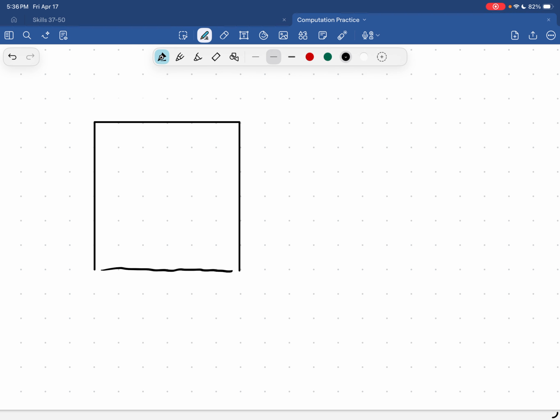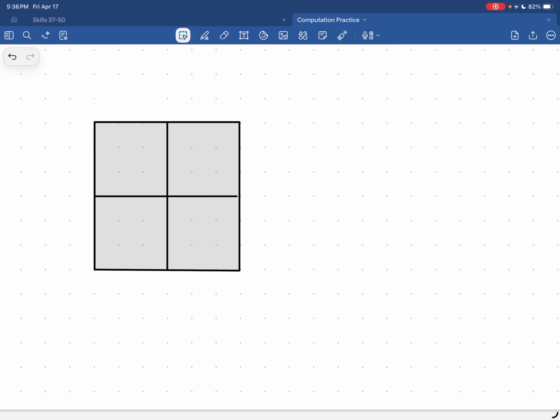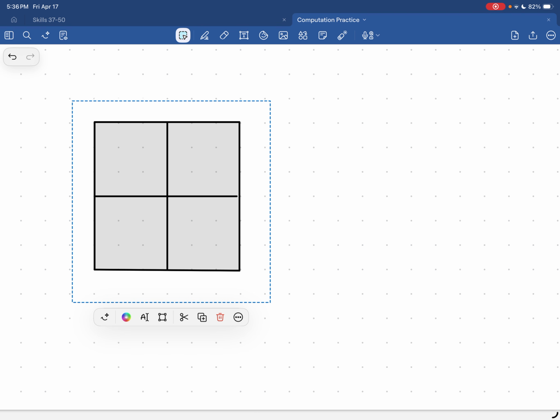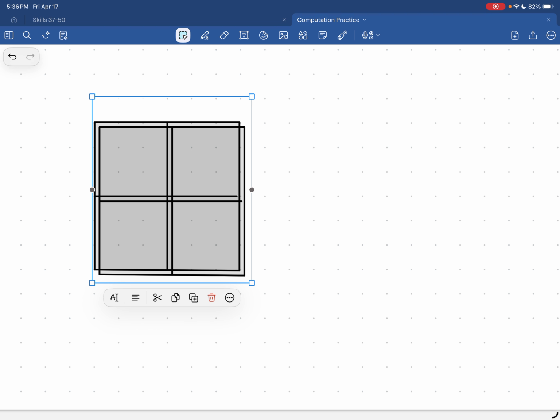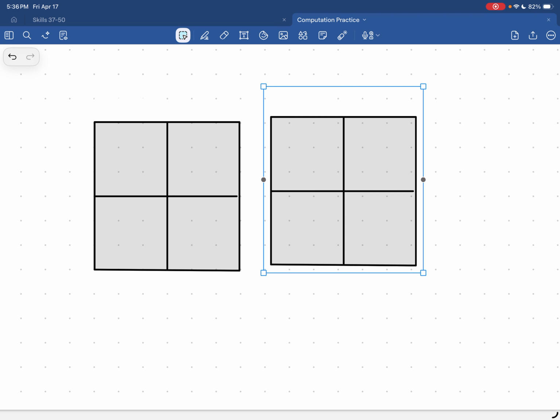Okay. And then let's cut this square into 4 equal parts. So I will say cut it in half that way, cut it in half that way, and you will have 4 equal parts. And before I mess it up, let me just take a picture of it, because we're going to need another one just like it.